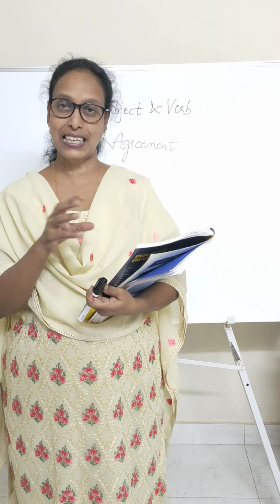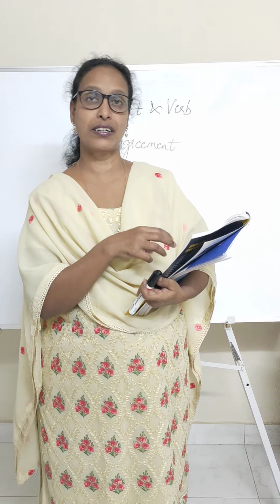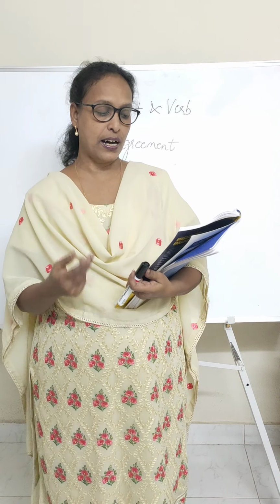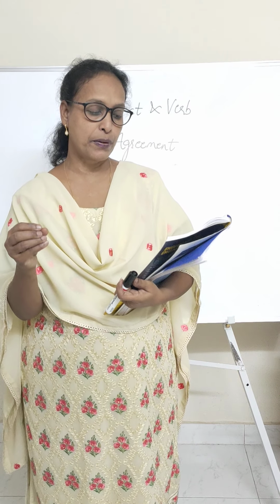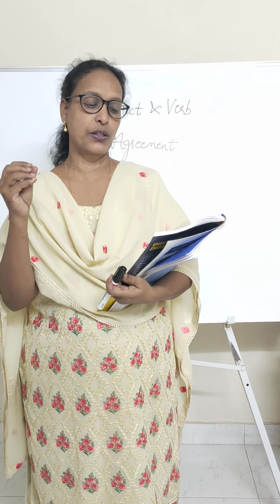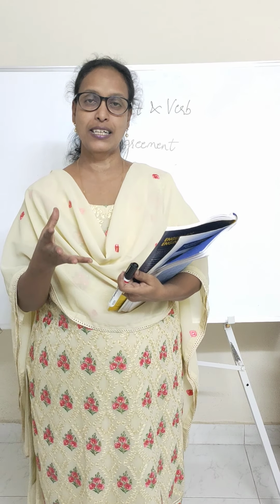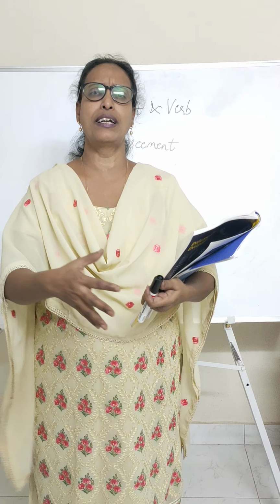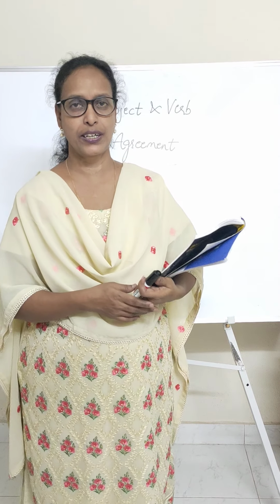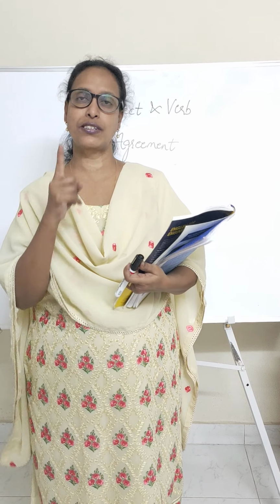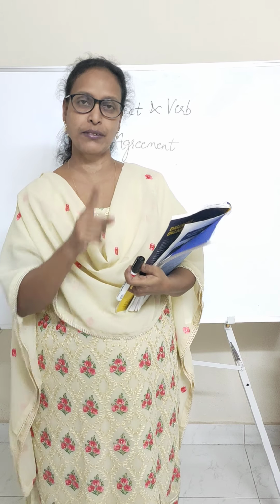And the solution that is given to such singular sounding verbs is: use a singular verb when the collection is thought of as a whole. Jury is thought of as a whole. The whole team of judges is called a jury. So they're talking about the whole team of judges as one thing, right?